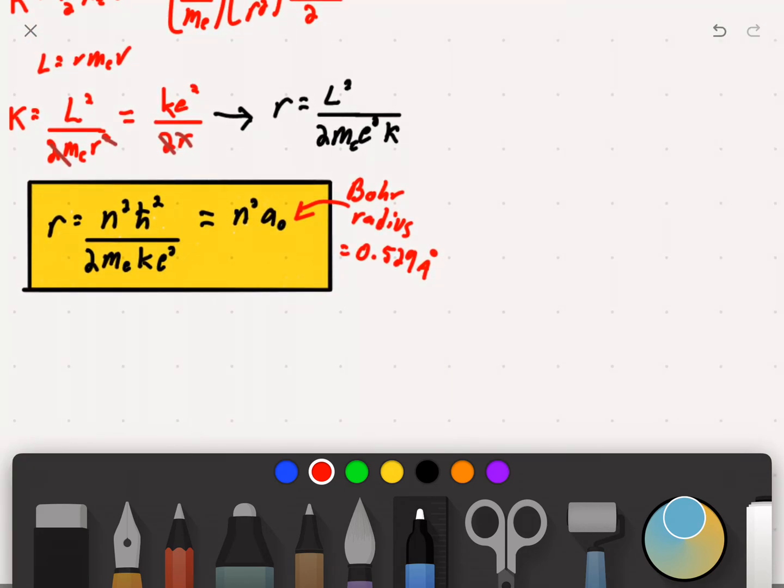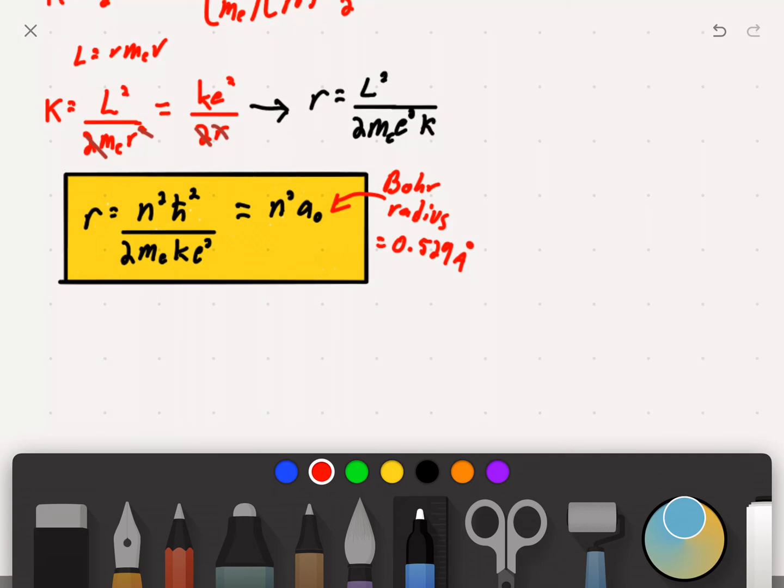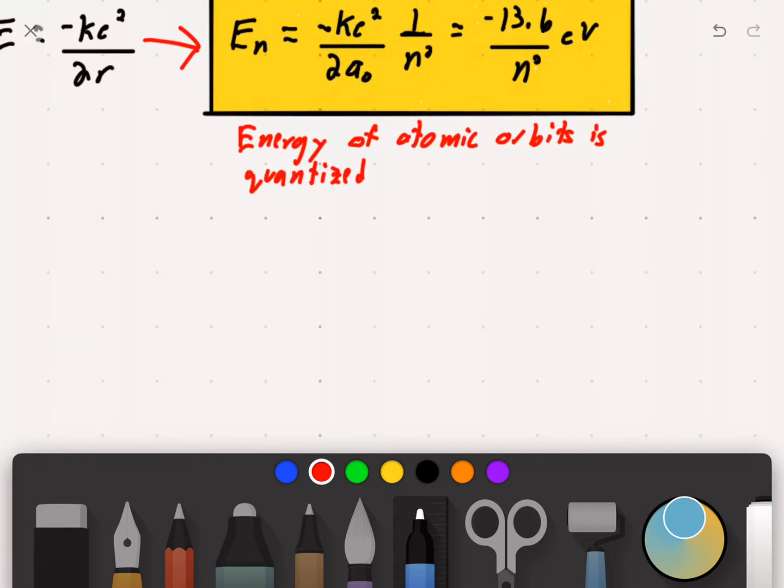And by saying that their angular momentum is quantized, Bohr also implies, as you can see right here, that the spacing or distance from the nucleus is quantized. Yeah, this also deserves an exclamation point. It's a pretty big deal.